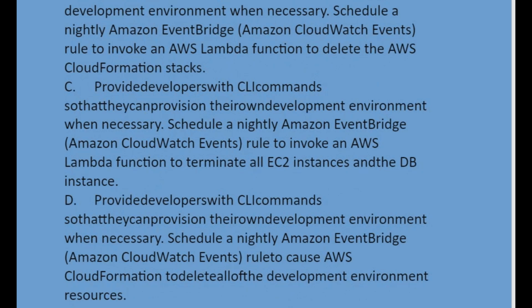Option D. Provide developers with CLI commands so that they can provision their own development environment when necessary. Schedule a nightly Amazon EventBridge (Amazon CloudWatch Events) rule to cause AWS CloudFormation to delete all of the development environment resources.